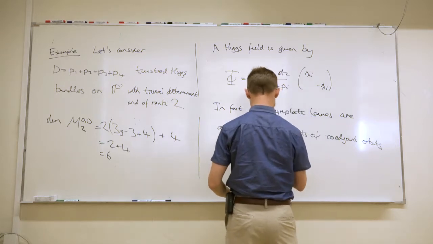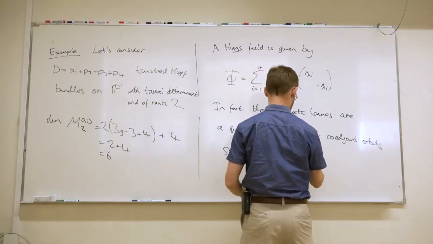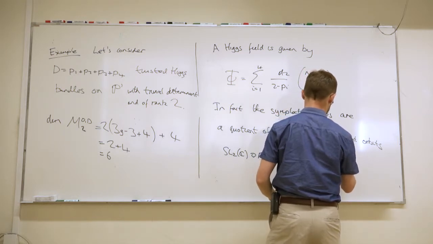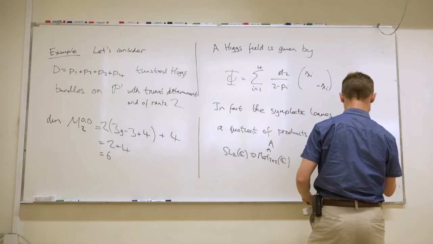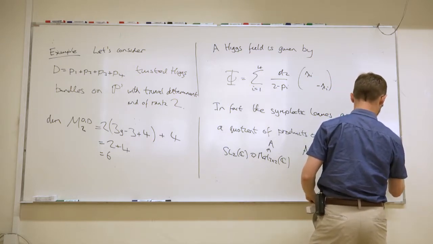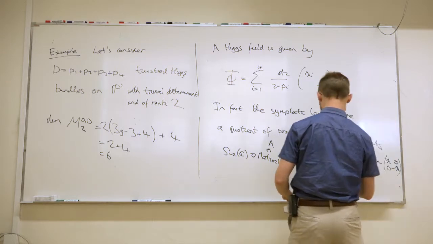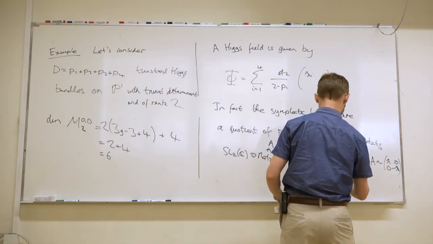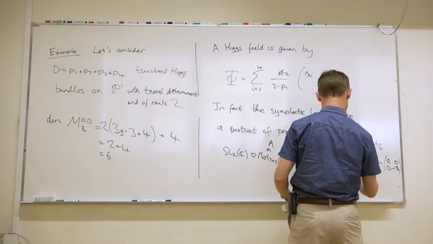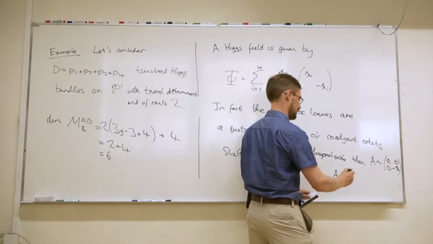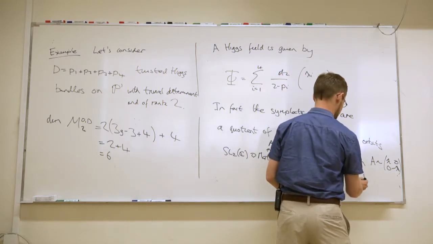If A is diagonalizable, then A is conjugate to something of this form. And if not, well, you have to have 0, 0, 1.